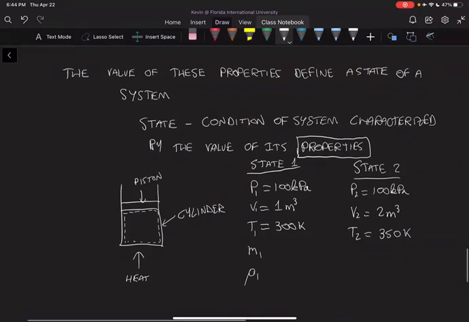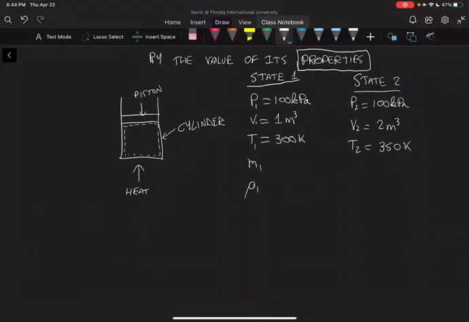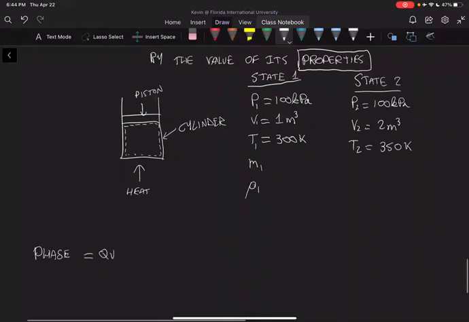So now, since we started talking about liquid, solid, or gas, the next thing I want to define is a phase. What is a phase? The phase is the quantity of matter.